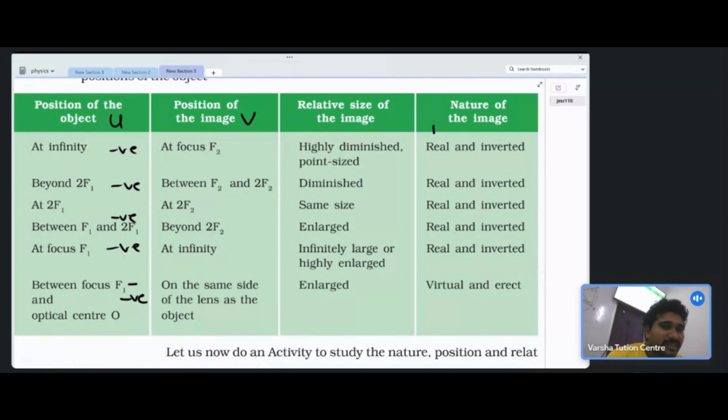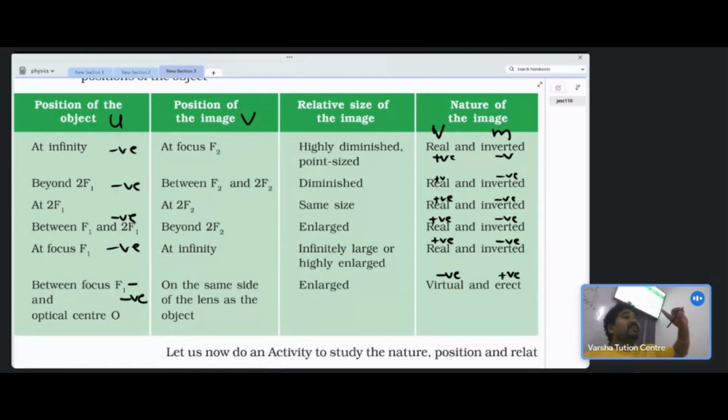On top of this we write V, and on top of this M. So V is positive, positive, positive, and M for inverted is negative.